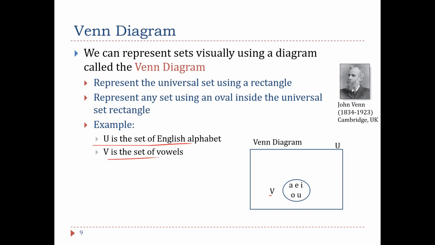Clearly, V is a subset of this universal set, and precisely it's a proper subset, because we are sure that there are some elements, such as the letter X, the letter Z and the letter B, that belong to the set U but do not belong to the set V. We will learn more about this subset relation between sets in a couple of slides.